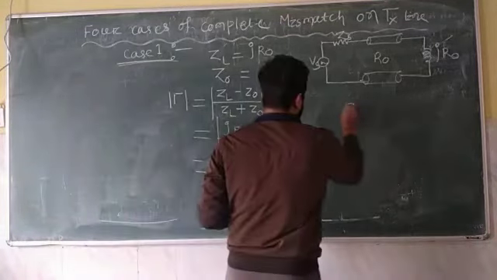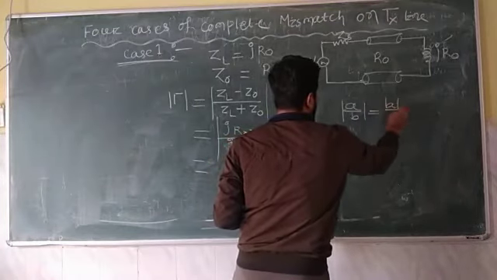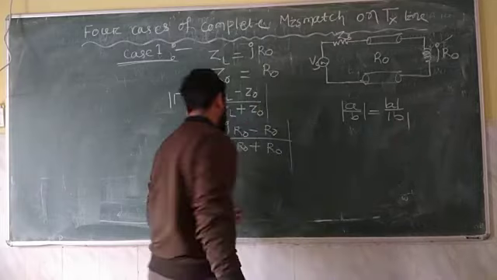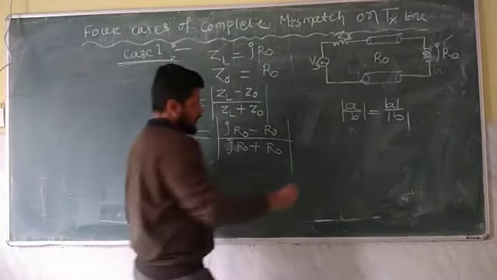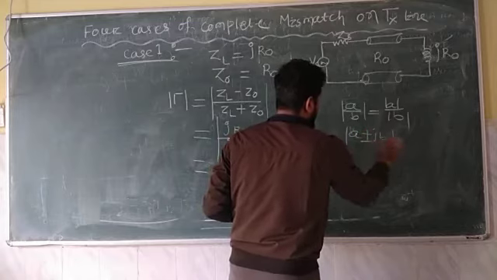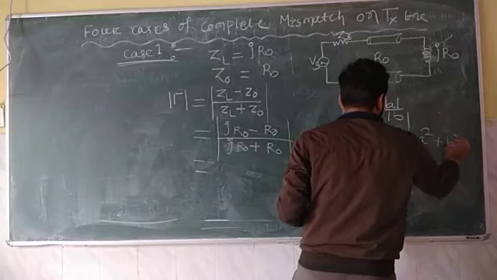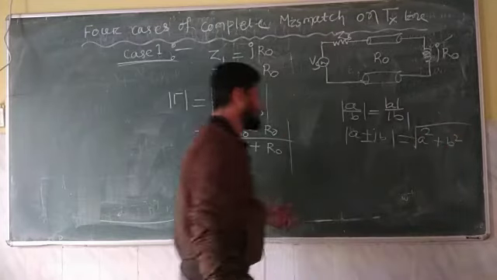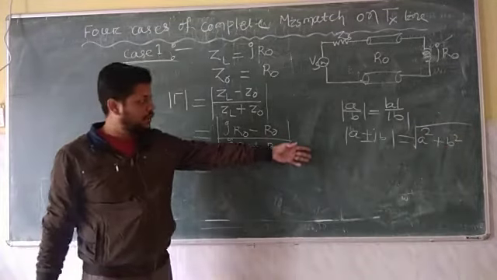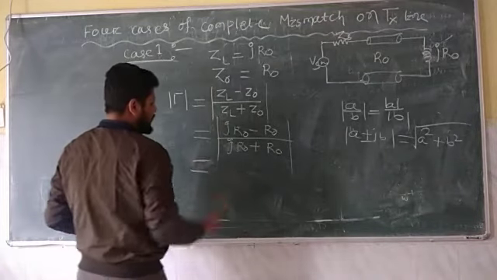You have already studied that mod of A by B is equal to mod of A by mod of B, and the magnitude of A plus or minus jB is equal to the square root of A square plus B square. This we have studied from complex numbers in mathematics. So I am going to apply this here.